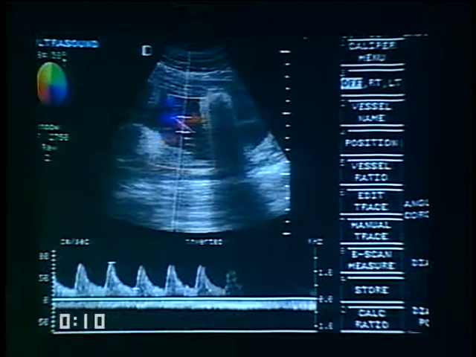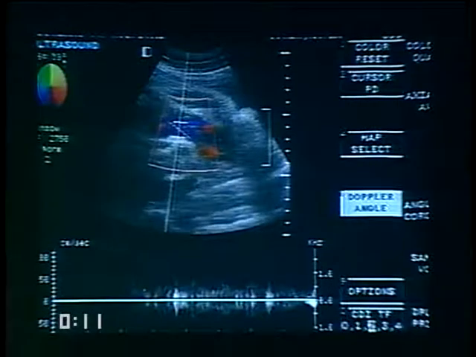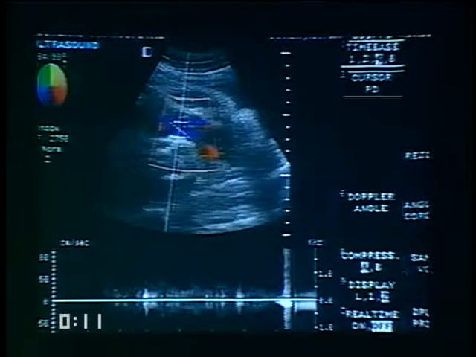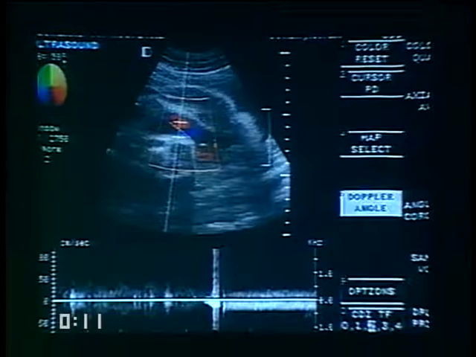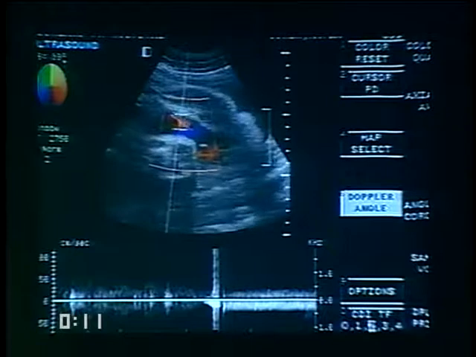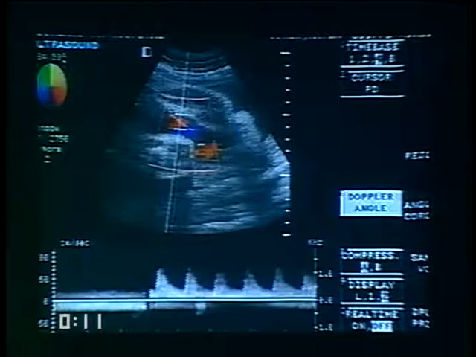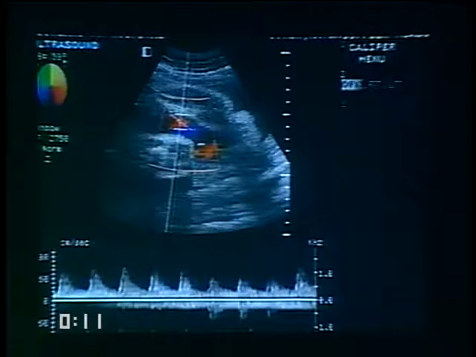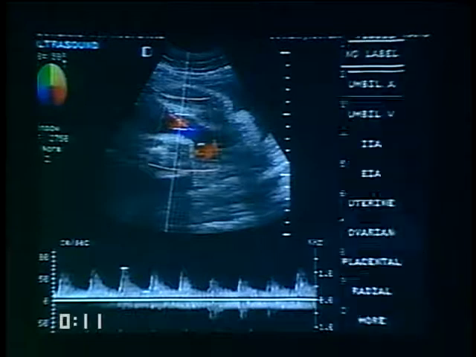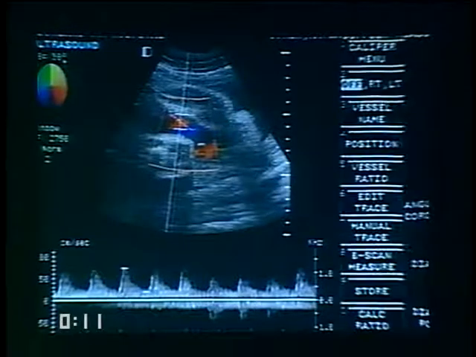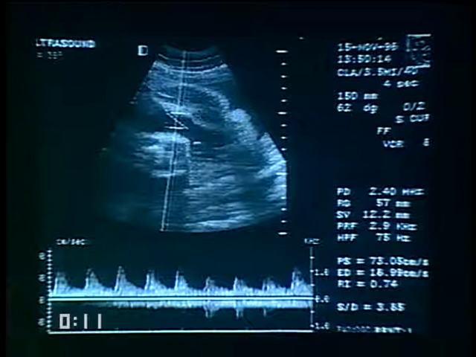I guess we're not hearing the sound. It's a Doppler of the umbilical cord. You can see that there's venous flow. And the ratio here is 3.85.